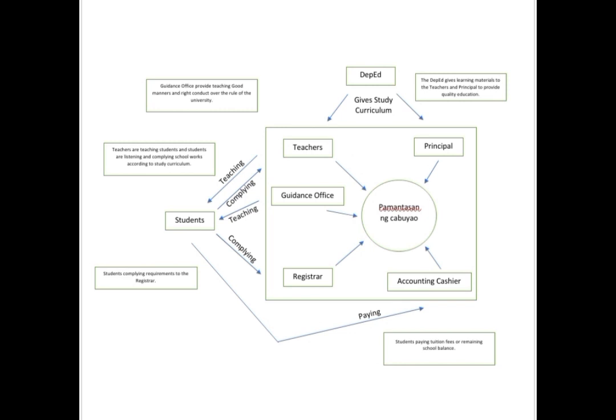Kumbaga, nagwo-work yung student and teachers as connected to each other by give and take. Kumbaga, yung students magko-comply sa teacher about sa mga work output, yung mga assignments, while the teachers will give knowledge by teaching the students, ganun.